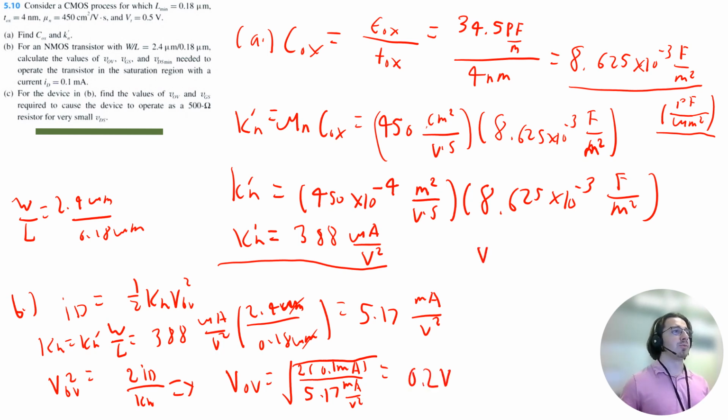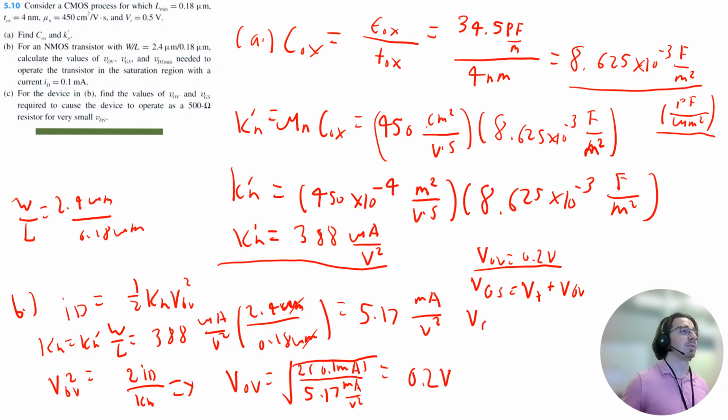Now, we know V overdrive is equal to 0.2 volts. So how can I find VGS and VDS minimum? Well, VGS is equal to my threshold voltage plus my overdrive voltage.